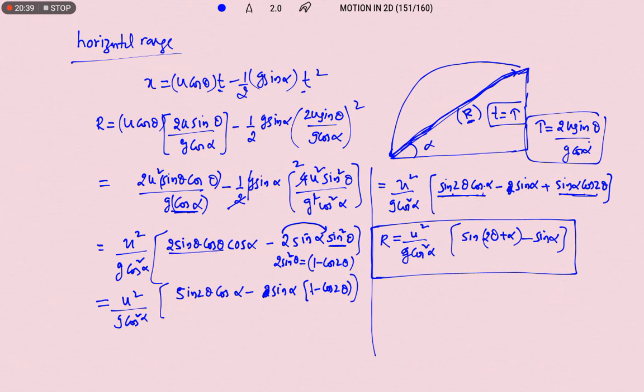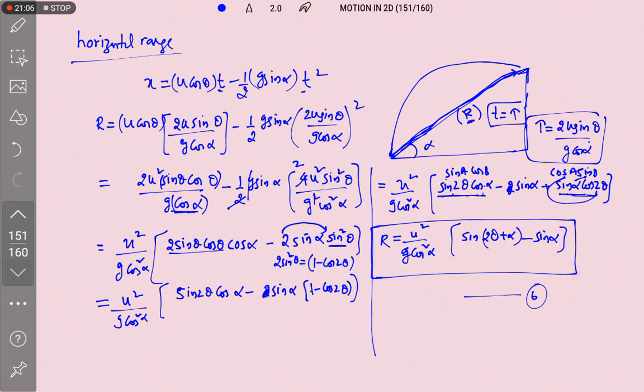After writing that 1 minus cos 2 theta, I am going to get this function as sin A cos B, cos A sin B function. So this is A, cos A sin B, therefore sin of A plus B. Let us take this as equation number 6.